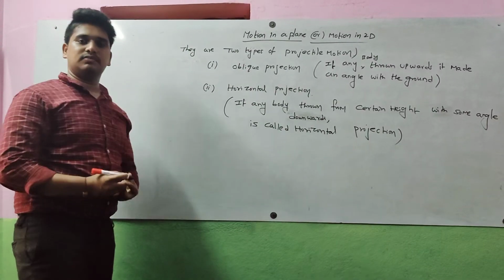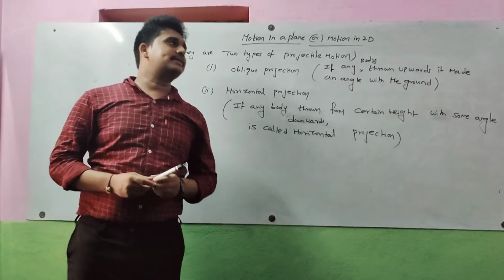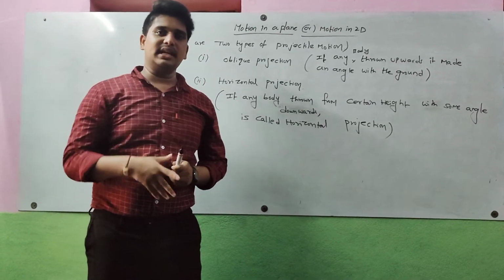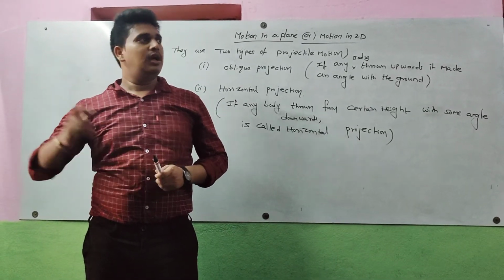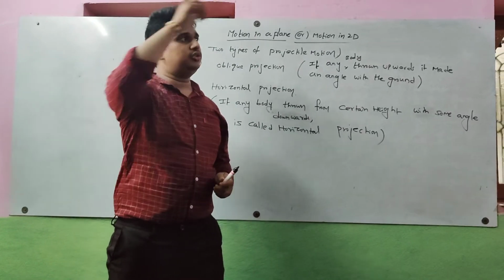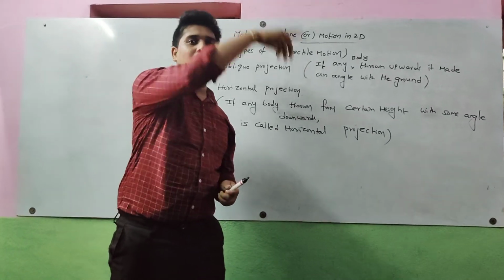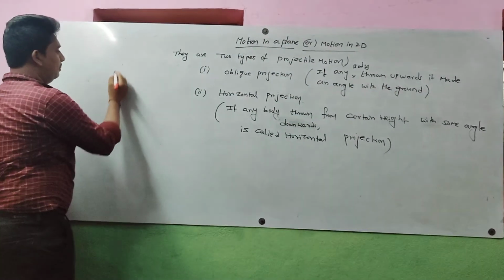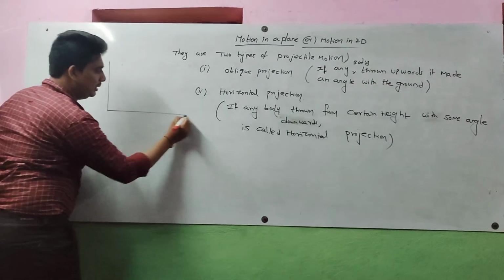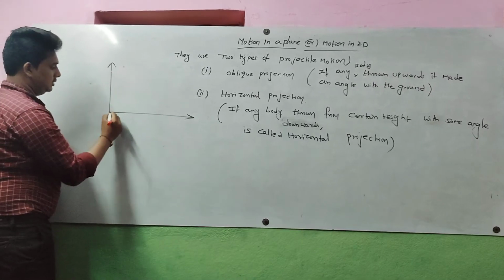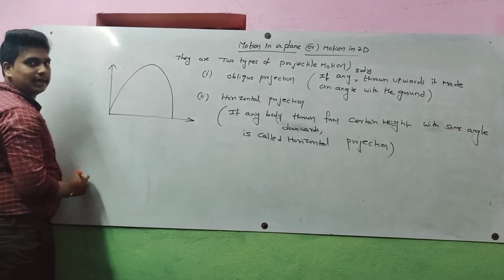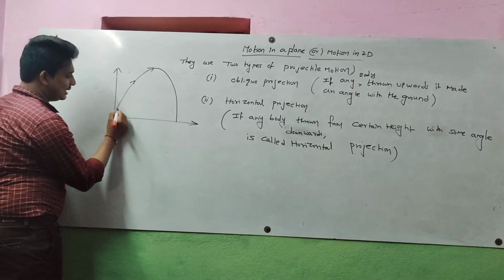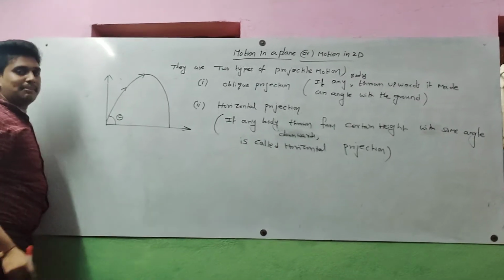The best example is the javelin throw. If you throw a javelin, or an arrow, it will move like this. For example, this is the diagram for oblique projection. If you throw a javelin like this, it makes some angle with the ground.